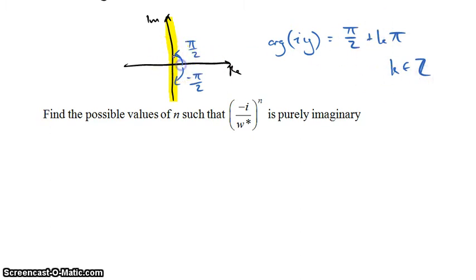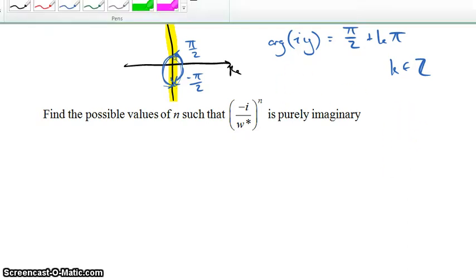This is pi upon 2, and to get to here, I would just add pi, and then to get back, I could add another pi, and then another pi, and then another pi. So you can see, adding pi each time takes me from a purely imaginary number to a purely imaginary number. This number at the front, I could have chosen minus pi upon 2 as well. The logic is completely the same. So this is the pattern that I'm looking for.